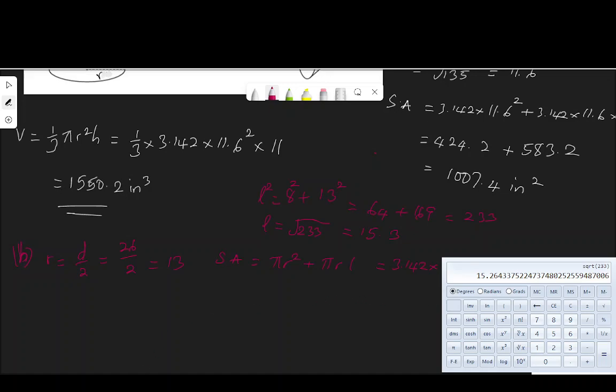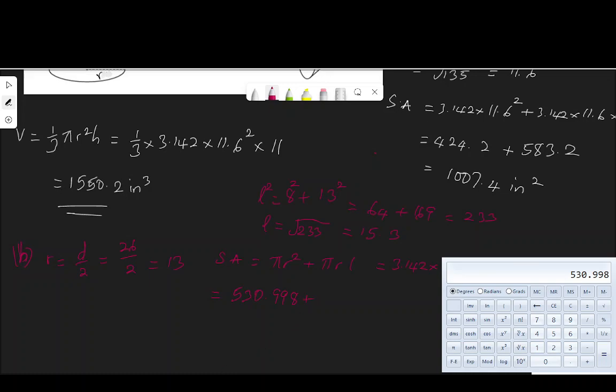Let's put that into our calculator. 3.142 times 13 squared. 13 squared is 169, then multiply by 3.142, which gives 530.998.